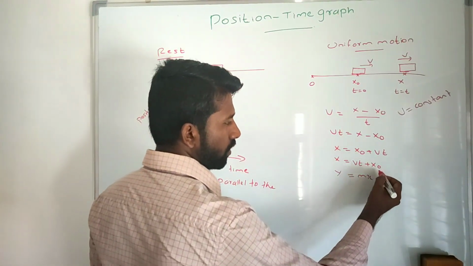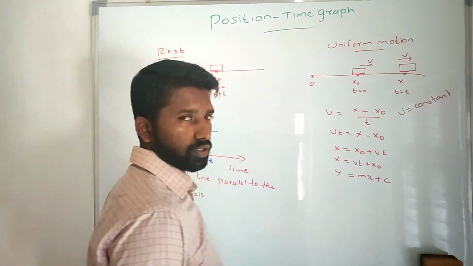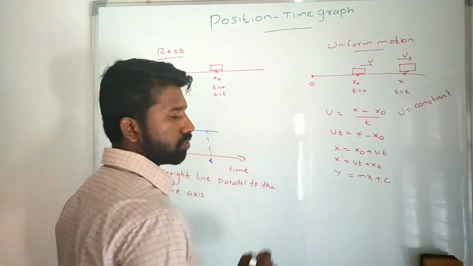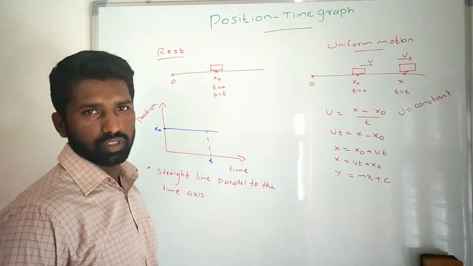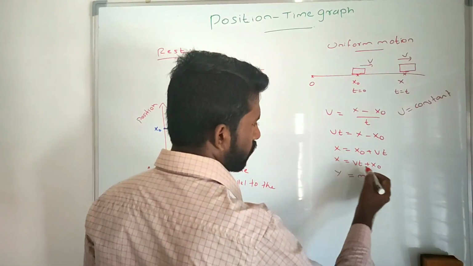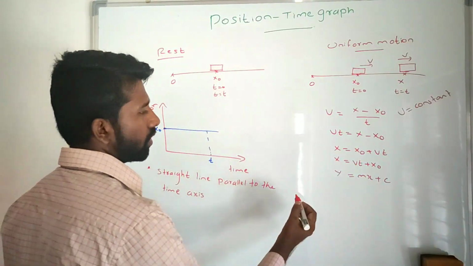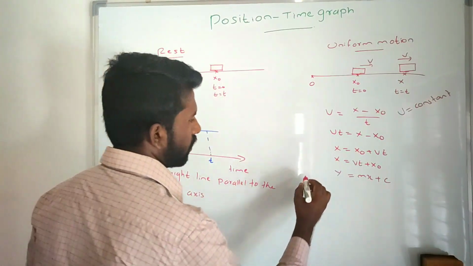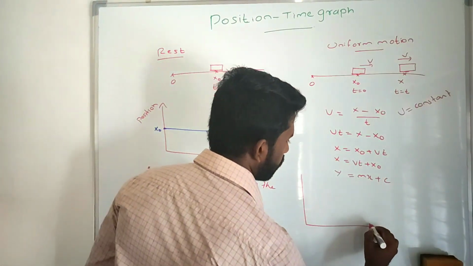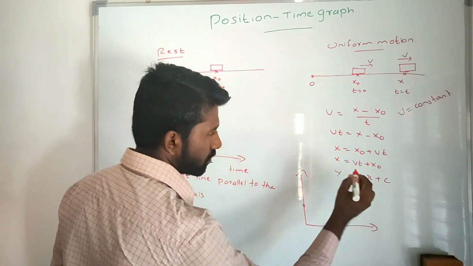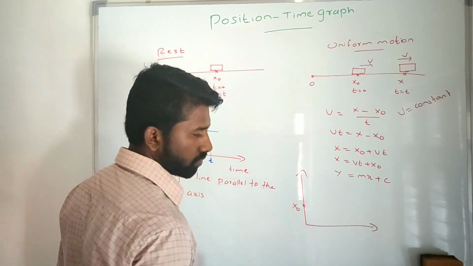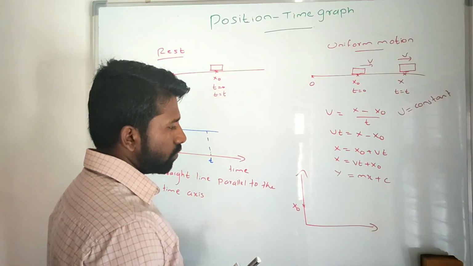Here the c, the y-intercept, is x0, and the slope is v, and the y-axis is position. So I can draw the position time graph of a uniform motion as a straight line like this. What is the y-intercept? That is x0.